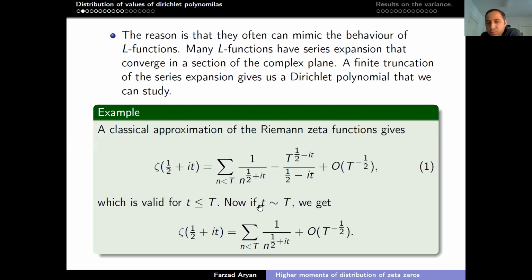So if I assume that my little t is about the size of t, I end up with a good approximation of the zeta function, whose error term is 1 over root t. Note that the length of this Dirichlet polynomial is n smaller than t, and this is important.